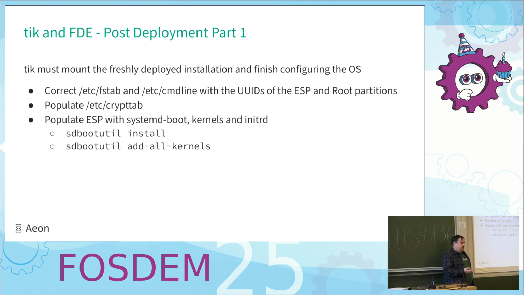So there's a bit of stitching required: correcting the fstab to actually include the UUIDs of the partition that's just deployed, correcting the command line, populating the crypttab, that kind of stuff, and then using fde-boot-util to actually put systemd-boot in the ESP and the kernels and the initrd, because we're not using UKI, so it's just putting all of that stuff in there separated.